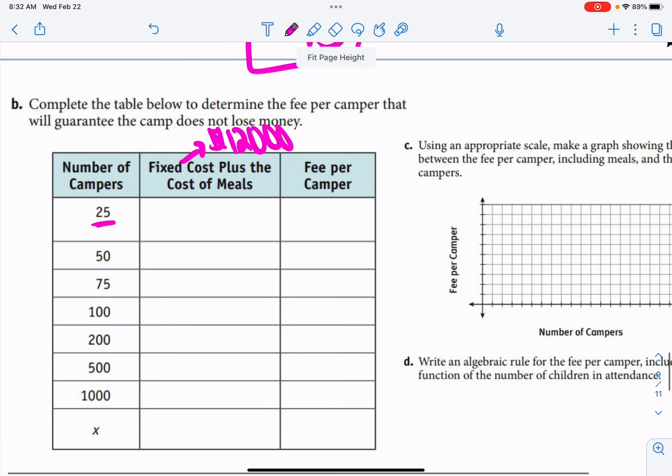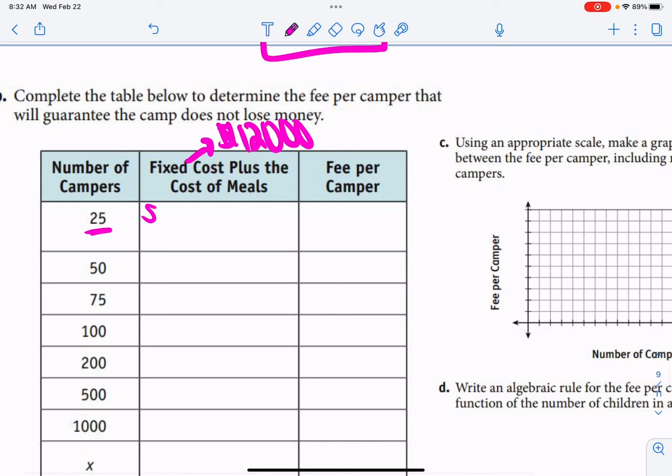So I'm going to start with my fixed cost, which is $12,000, and then add $45 per camper, and there's 25 campers. So you're going to have $13,125 for the total amount of campers.